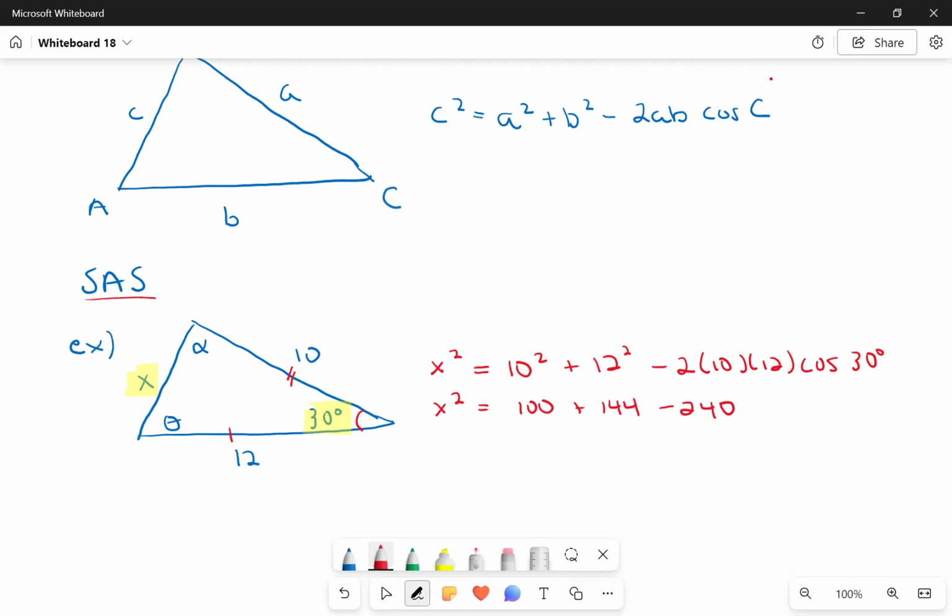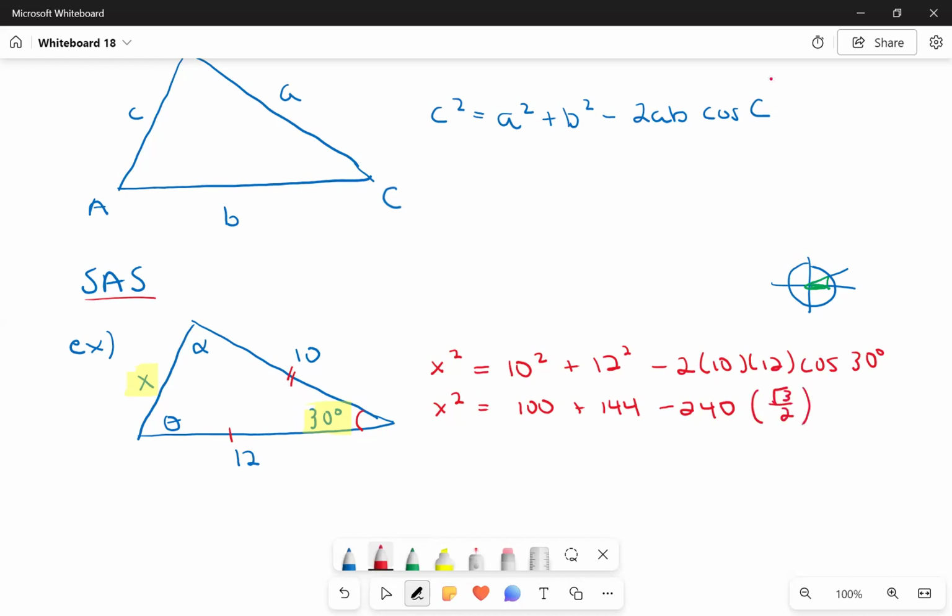Then I need to find the cosine of 30 degrees. 30 degrees on the unit circle is the smaller angle, which means I'm doing a little triangle here. Since cosine is what I'm trying to find, that's the longer side. So that's going to be the square root of 3 over 2.